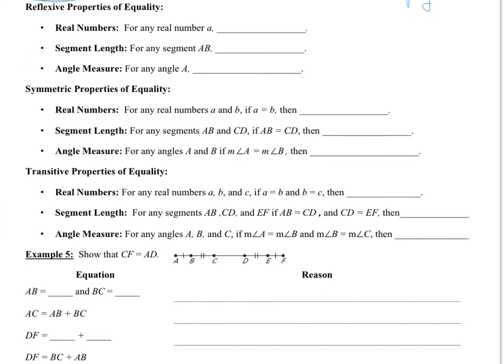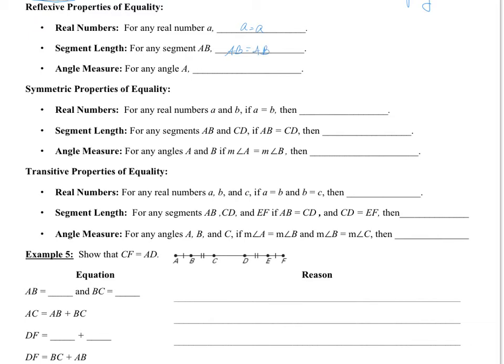Okay, now let's move on to a couple more properties that will be very helpful for future proofs. So here we have the reflexive properties of equality. When you have real numbers, for any real number A, A equals A. For segment, AB equals AB.